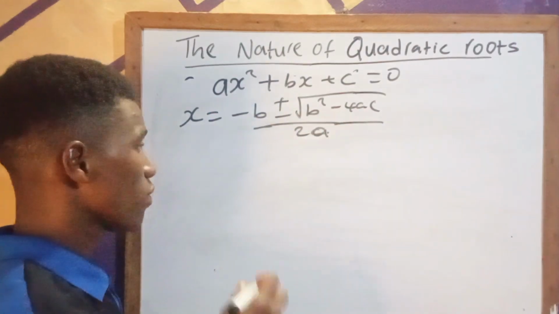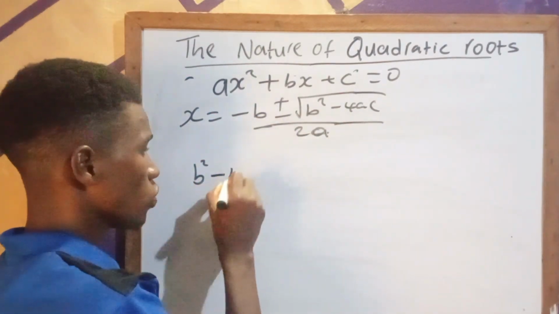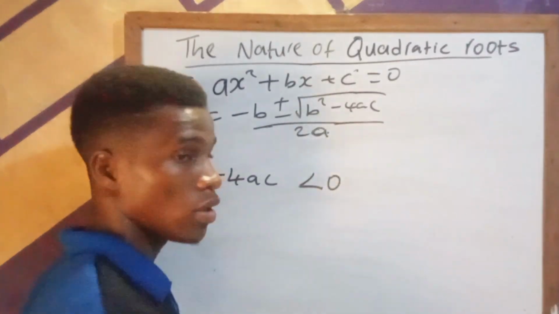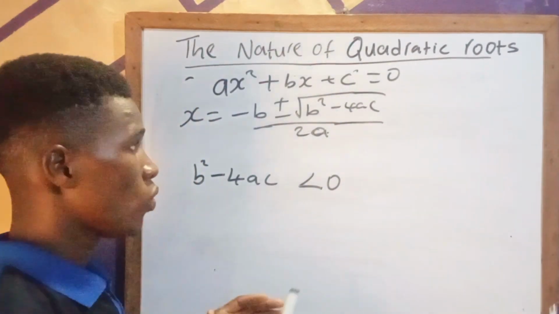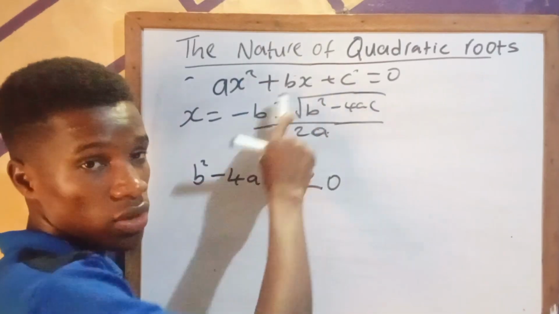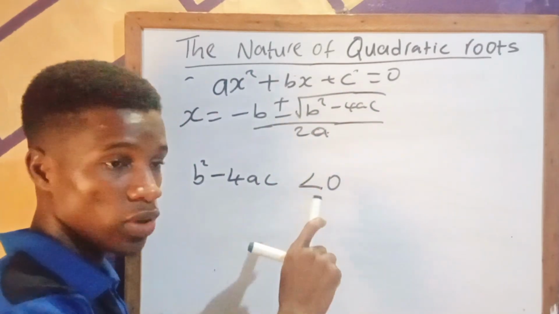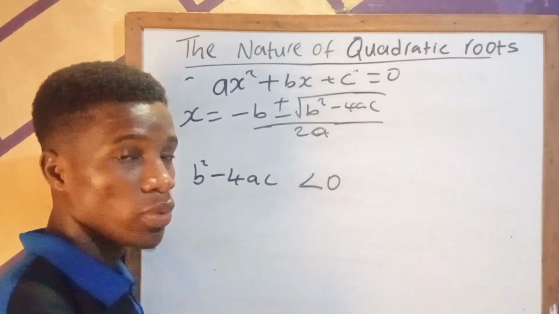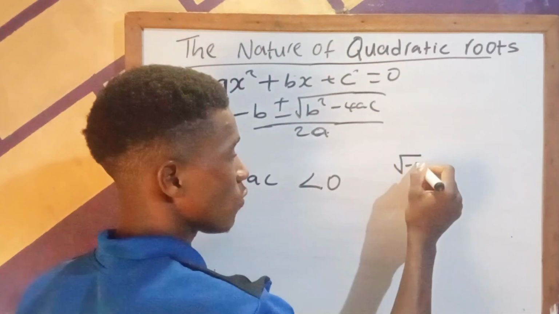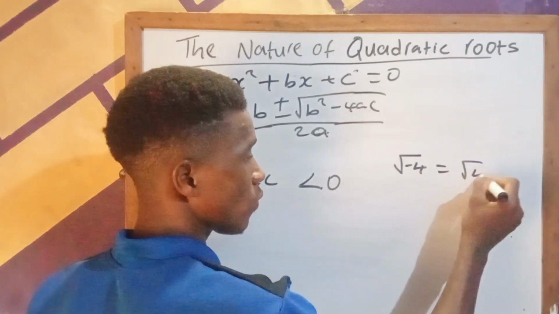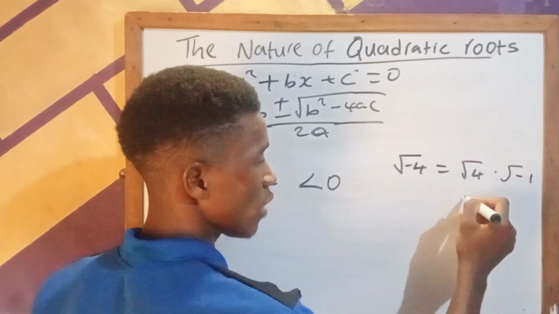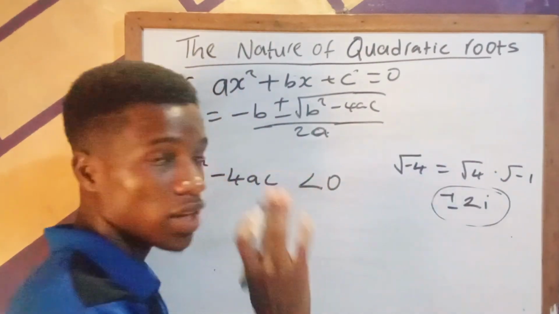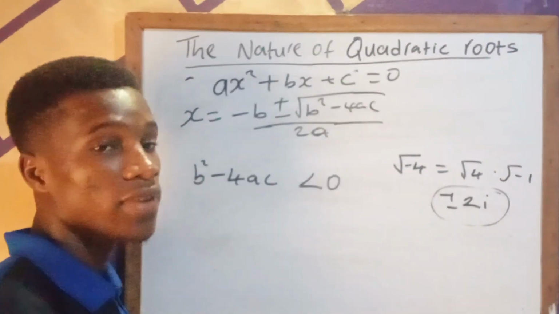So if the discriminant, b squared minus 4ac, is less than 0, we are going to have an imaginary root here. Because let's say we solve and get the square root of negative 4. So we'll have the square root of negative 4 here, which is the square root of 4 times the square root of minus 1. So we're having 2i plus or minus. So this will affect the solution.